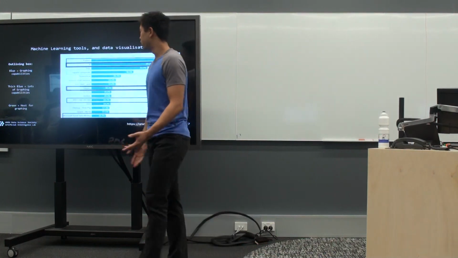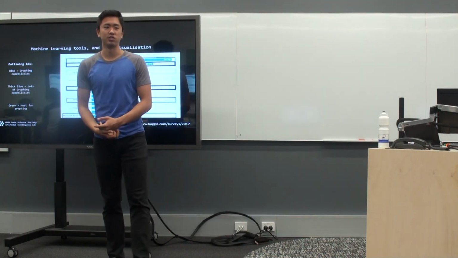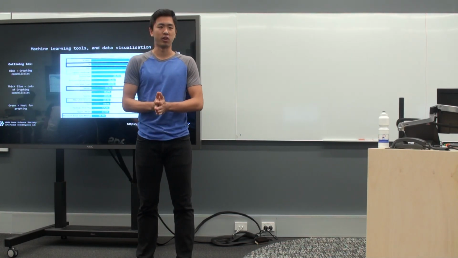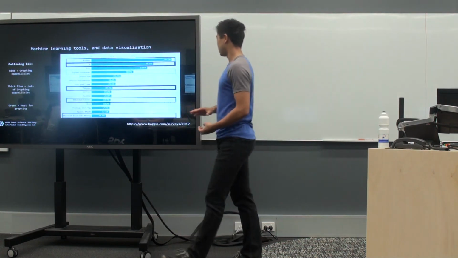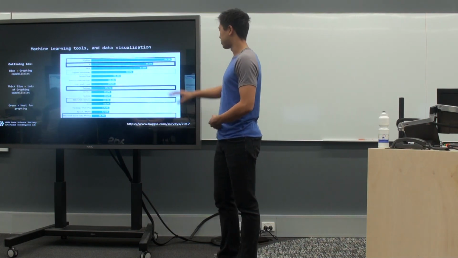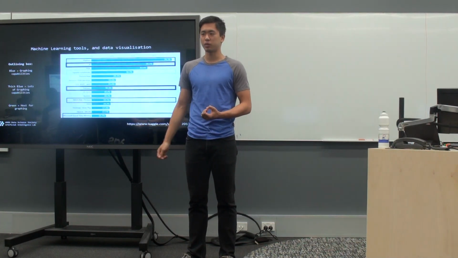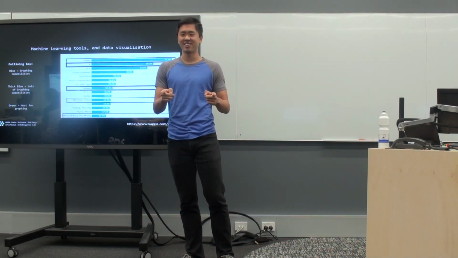So how do you visualize things? Well, you wouldn't draw them on pen and paper, you'd have to use some kind of software. This is a chart taken from Kaggle. If you don't know what Kaggle is, it's a data science competition website. I recommend you check it out.